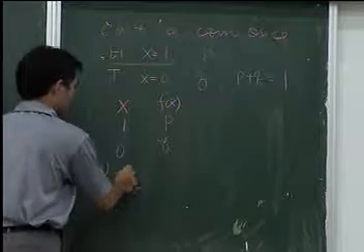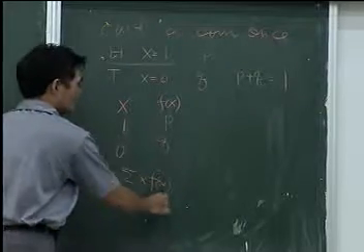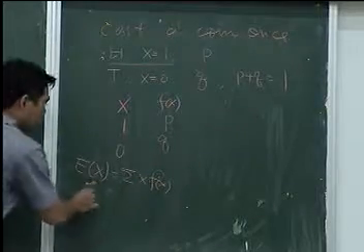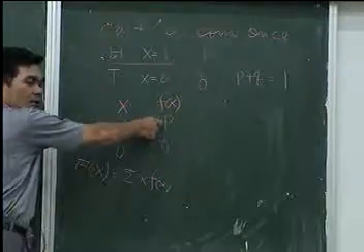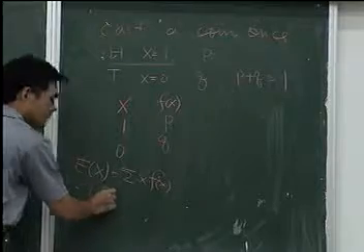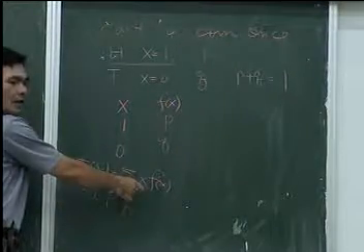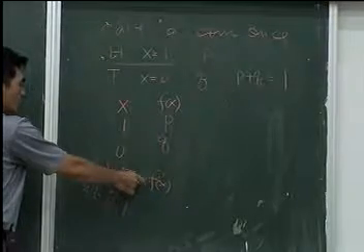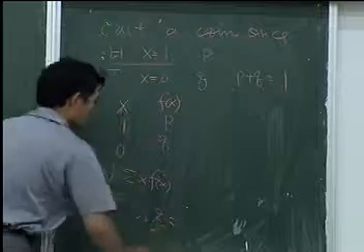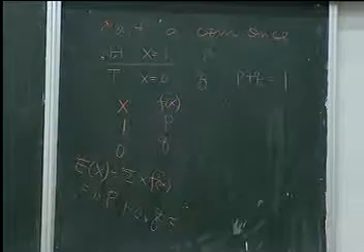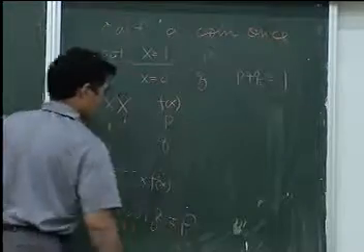Expectation of X should be equal to the summation of X times Fx. So X is equal to 1, the probability is P, and the next X is equal to 0 times Q. So what is the mean there? The mean is equal to P.